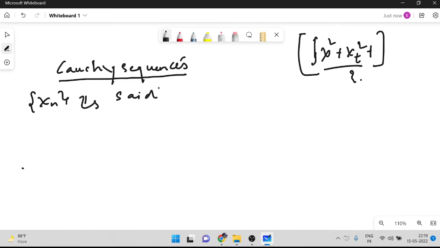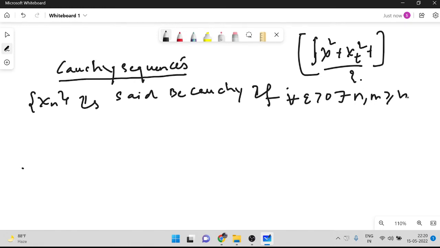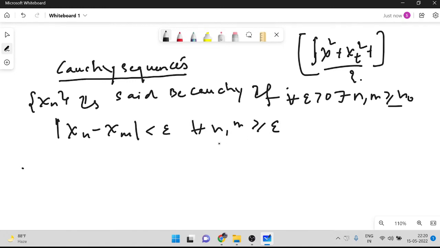Cauchy is a great mathematician, by the way. xn is said to be Cauchy if for every epsilon greater than 0 there exists an n naught such that the mod of xn minus xm is less than epsilon for all n comma m greater than n naught.